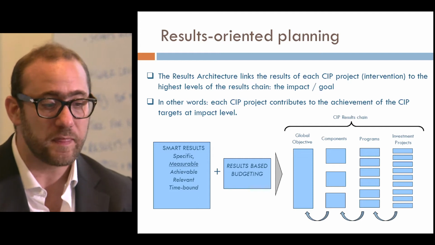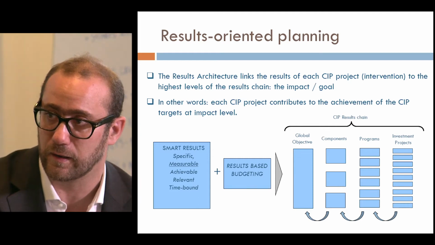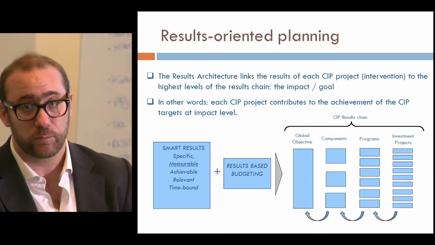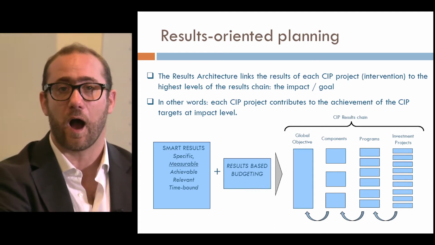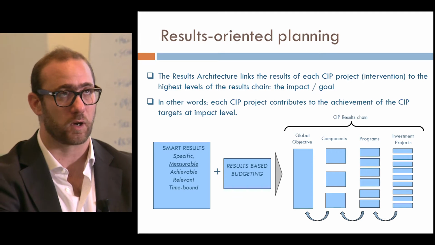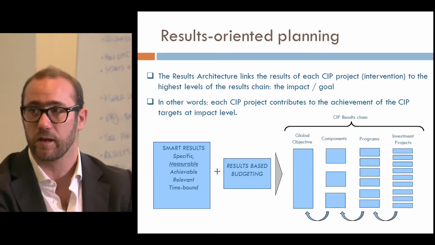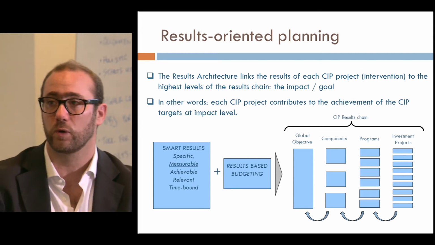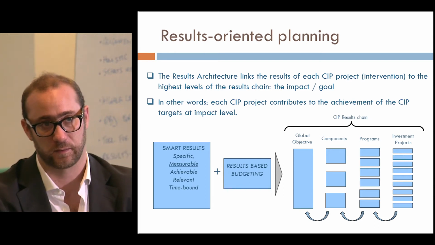We associate all these results to a budget. And this is how we proceed with a result-based budget. A result-oriented budget describes how many resources, in terms of people or money, are required in order to achieve any given result.